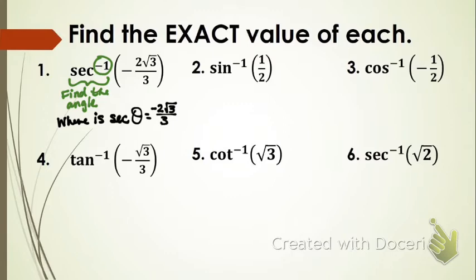This is what I'm asking myself in my head as I'm trying to answer this question. I probably should narrow down what quadrants I'm even allowed to be looking at. For arcsecant, got it. For arcsecant, I'm only allowed to look where?